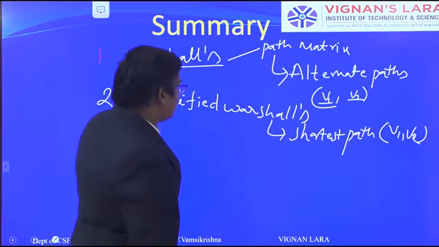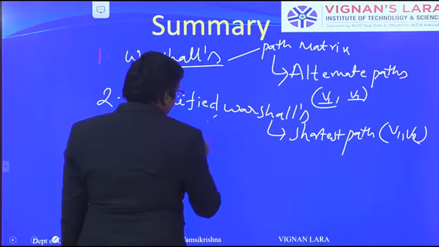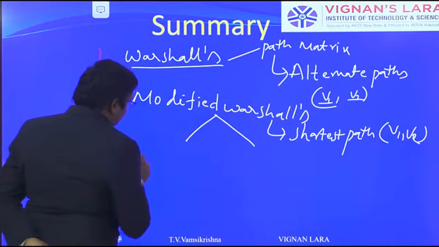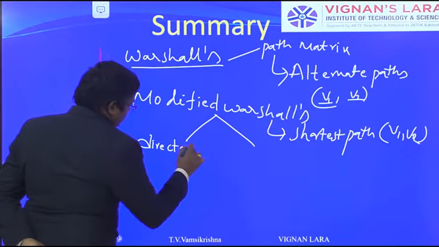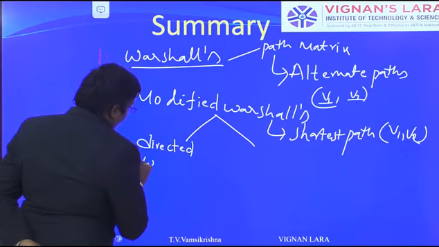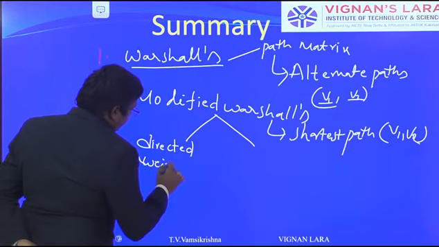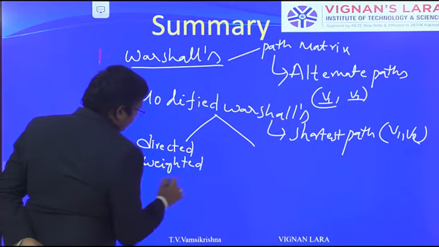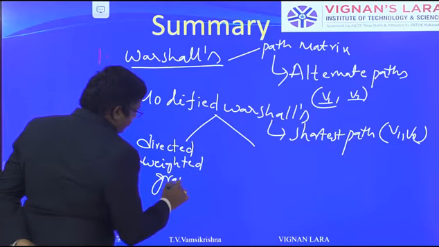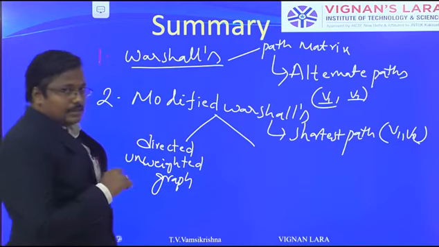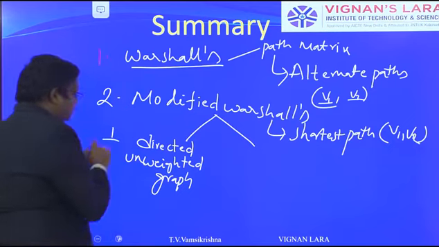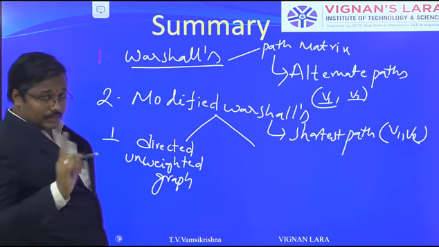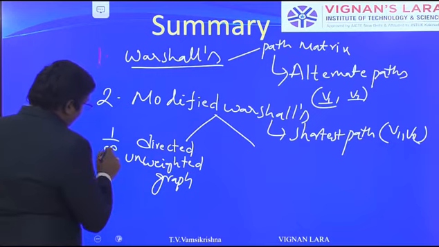Here two cases are there. One is the directed unweighted graph, for which we took one example. In this case, where an edge exists, we associate a distance of 1. Where an edge does not exist, we take an infinity value, 9999.